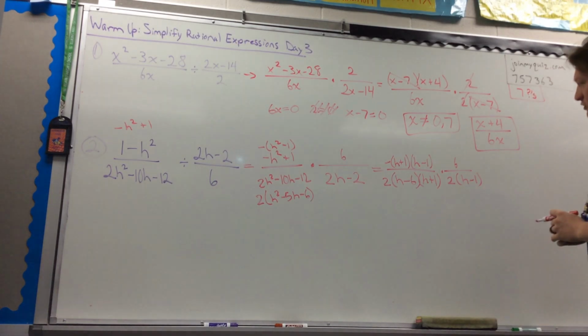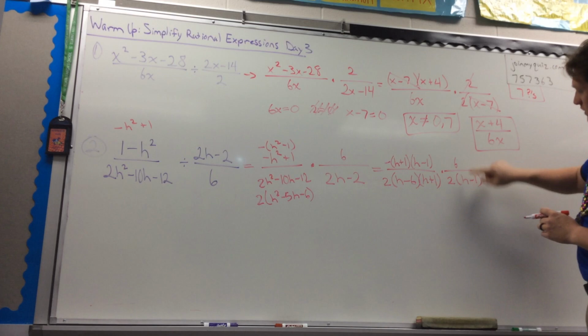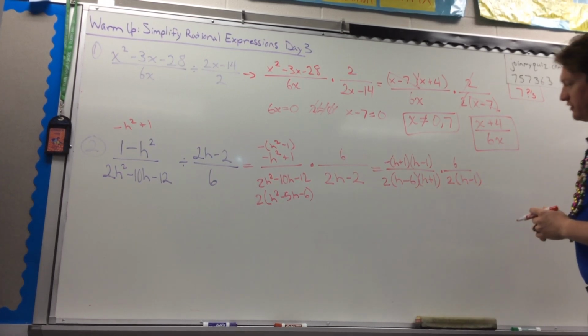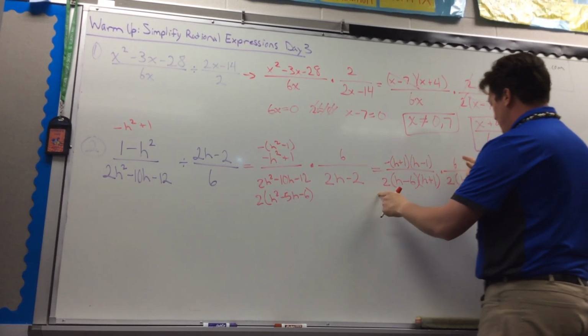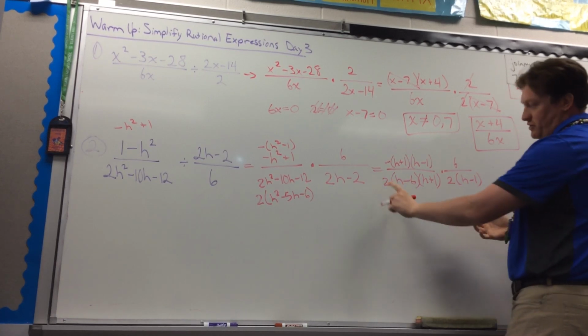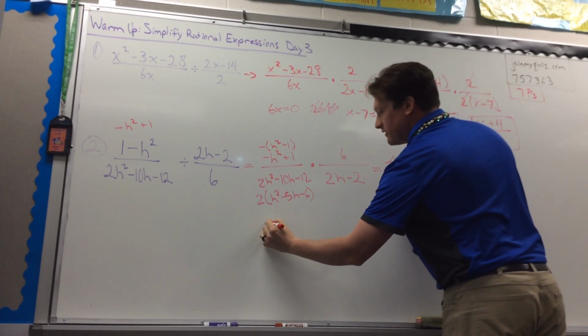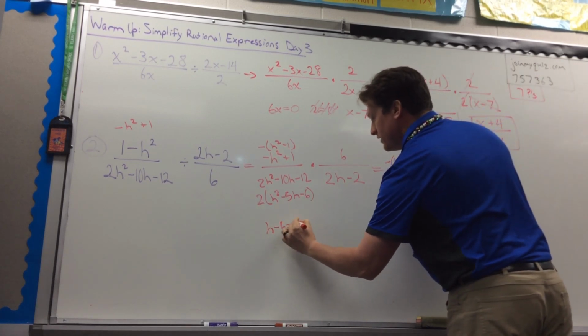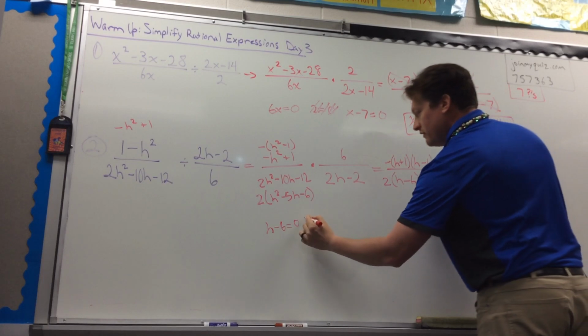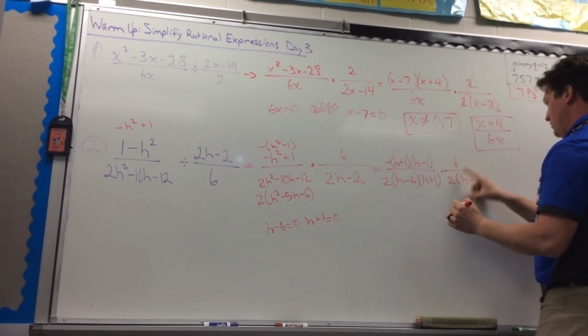What I have to do from here is find all my restrictions. Everything up here is fine, but this one, and this one, we need to find those restrictions. So I have 2, 6, and 2. They equal 0. It doesn't make any sense to write them. If it was a 2x right here, I would have to write that one. So here, h minus 6 equals 0. H plus 1 equals 0. 2, 6, nothing.